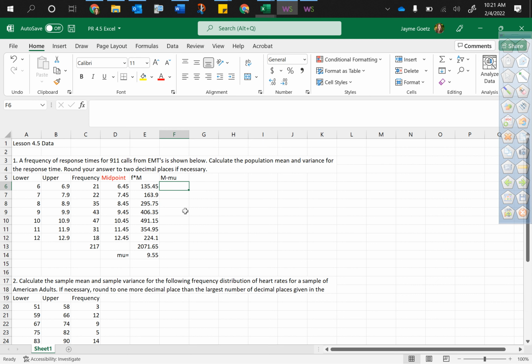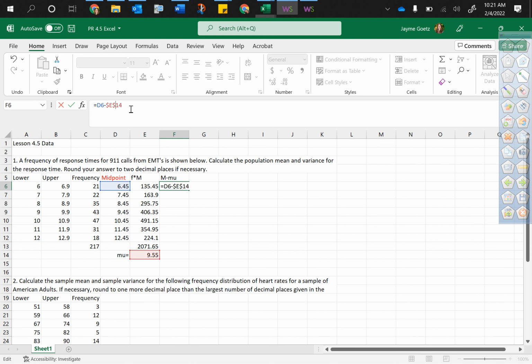So I'm going to type in equals, and you're going to come back over here, and there's your midpoint. And we're going to subtract my mean, which is at 9.55. But do I want the cell for the mean to change? No, so we want that to be an absolute cell reference.